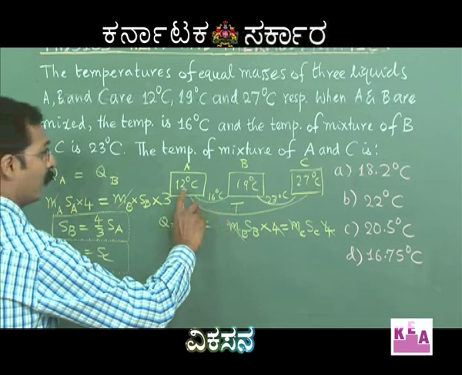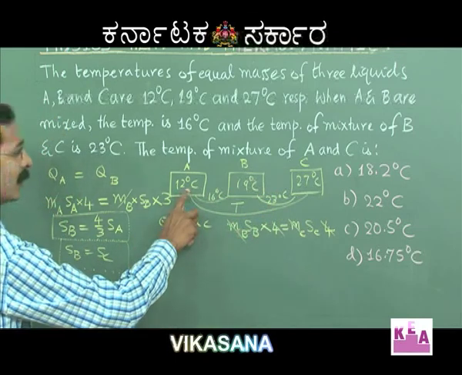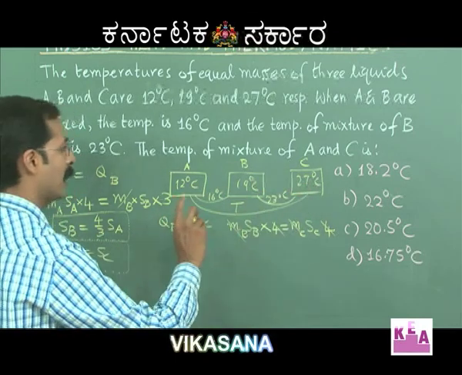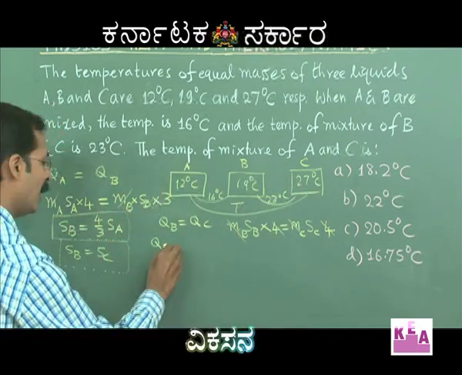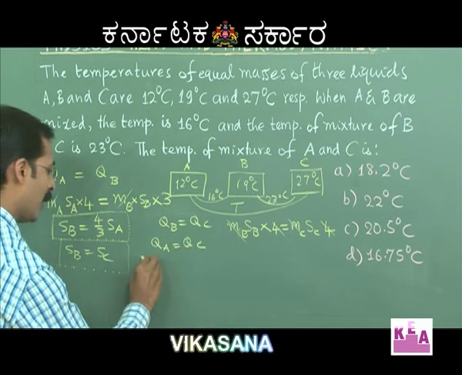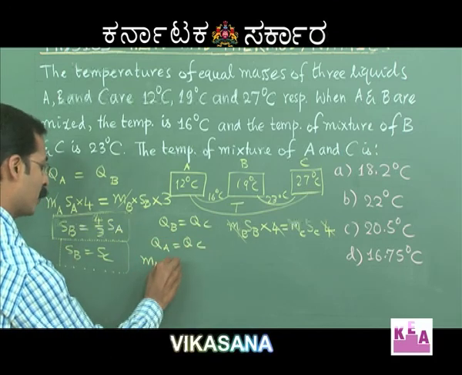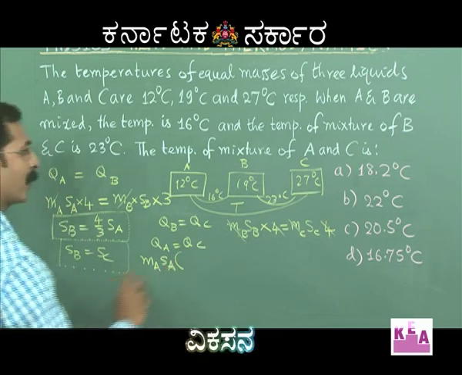Now, what happens when I mix A and C? A is at a lower temperature, C is at a higher temperature, therefore A gains heat, C loses it. Heat gained by A is equal to heat lost by C, which implies mass of A into specific heat of A into change in temperature of A. What is the change in temperature of A?